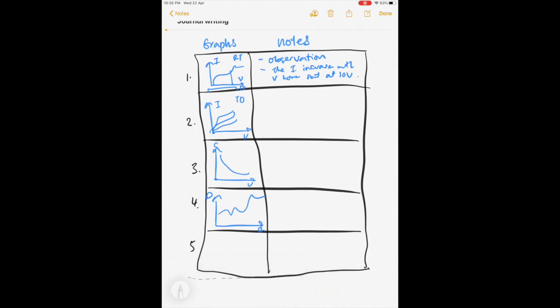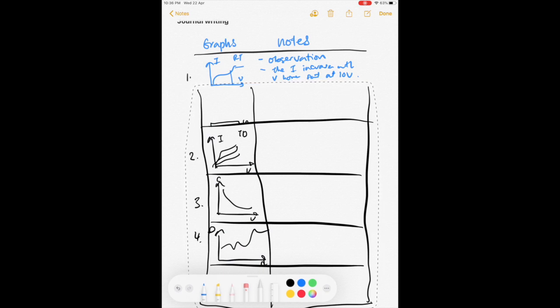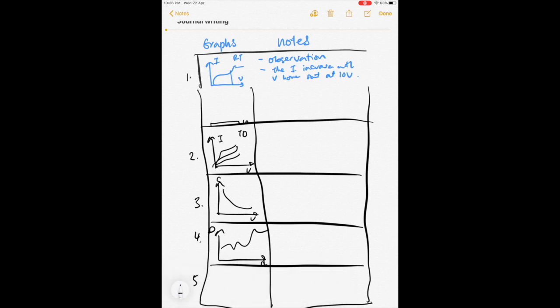After you write some observation, next you write some discussion. So this is the observation, and next is the discussion.